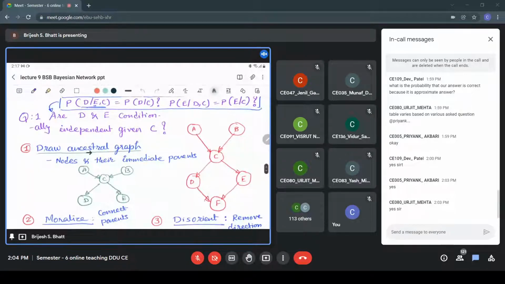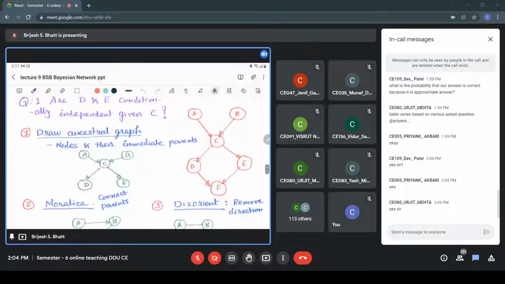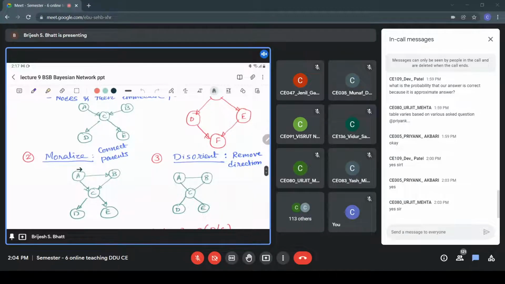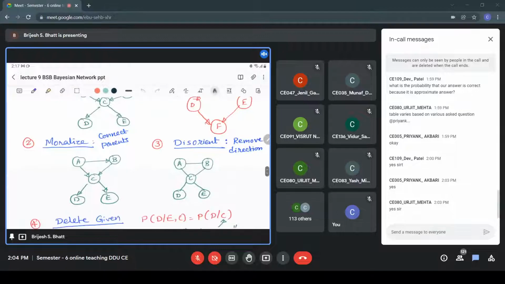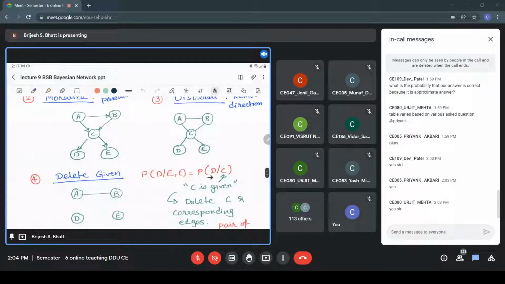First, draw the ancestral graph, which contains the random variables in question and their parents. Moralize them, which means connect the parents. Remove the edges because edges don't matter, so disorient. Delete the given part in the query. So given the variable, whichever variable you are studying, remove that given variable.